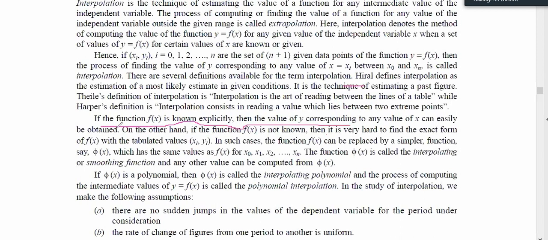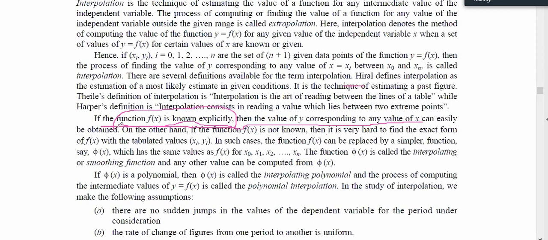On the other hand, if the function f(x) is not known, then it is very hard to find the exact form of f(x) with the tabulated values x_i, y_i. In such cases, the function f(x) can be replaced by a simpler function, say phi(x). I gave you the example of application in the very beginning. That is a complicated case.